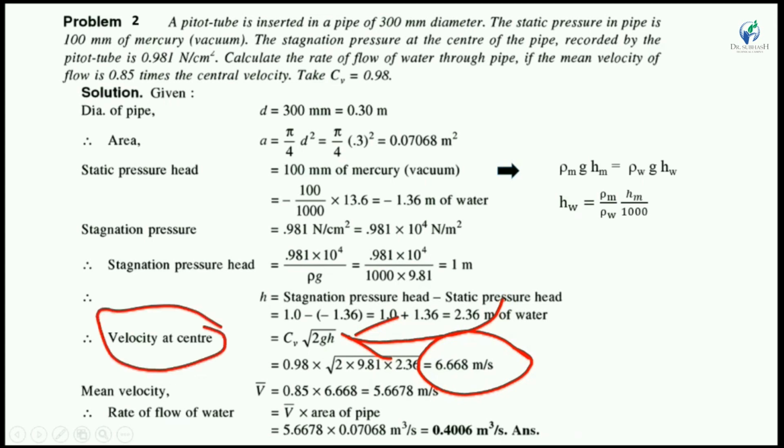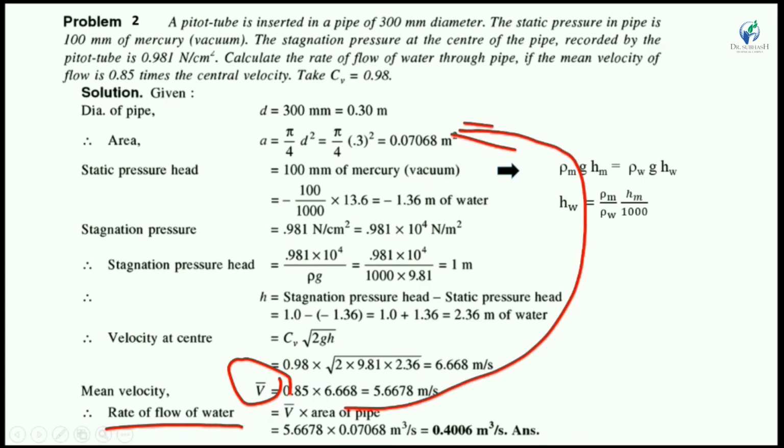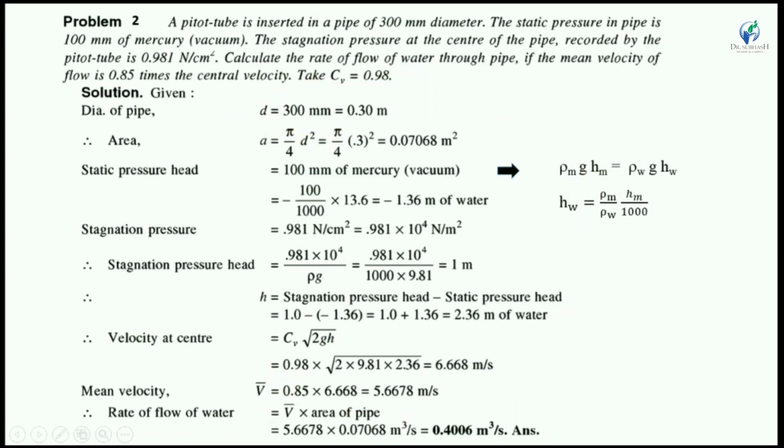From the center velocity we can find the mean velocity v bar, which is 5.6678 meters per second, and from the mean velocity we find the rate of flow or discharge of water: mean velocity into area of pipe. The area of the pipe we find from the diameter, pi by 4 d square, because it's a circular section. So finally we get the discharge, 0.4006 meter cube per second.